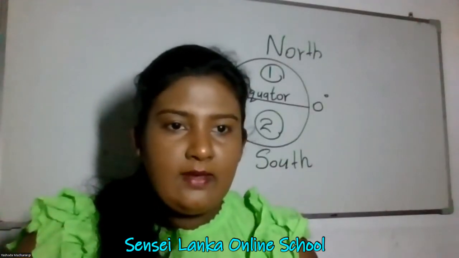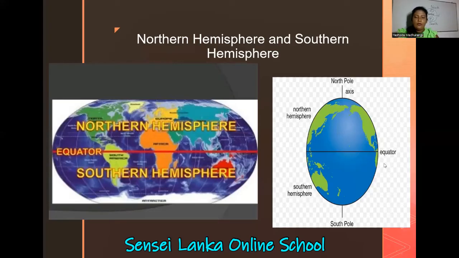So we can look at it in this presentation. Look at this now. In this picture, can you see? The equator can divide the earth into two. The northern half of the earth is the northern hemisphere.